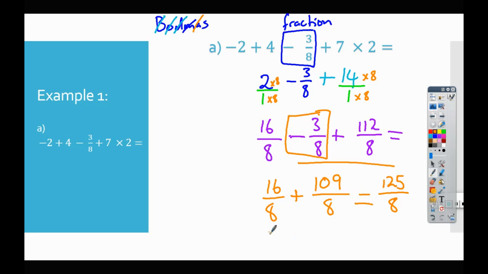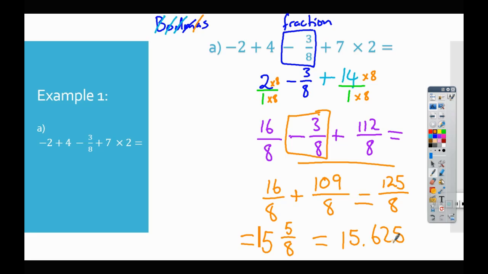We'll get an improper fraction which will reduce to 15, and then we have 5 over 8. That's what our final answer will look like. But if you just divide it normally, you will still get your 15.625. These are the two possible answers that your calculator will give you after you divide it.